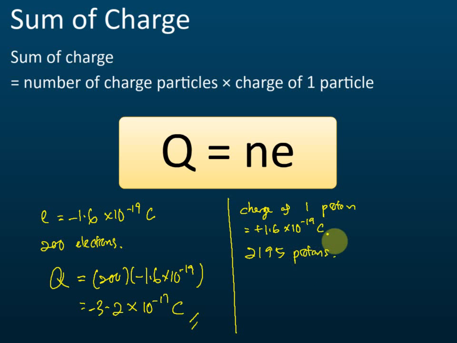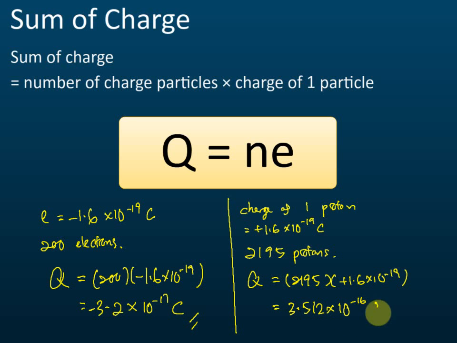What's the charge of this number of protons? The sum of the charge Q equals the number of protons, 2,195, multiplied by positive 1.6 times 10 to the power of negative 19 Coulomb. This is equal to 3.512 times 10 to the power of negative 16 Coulomb.